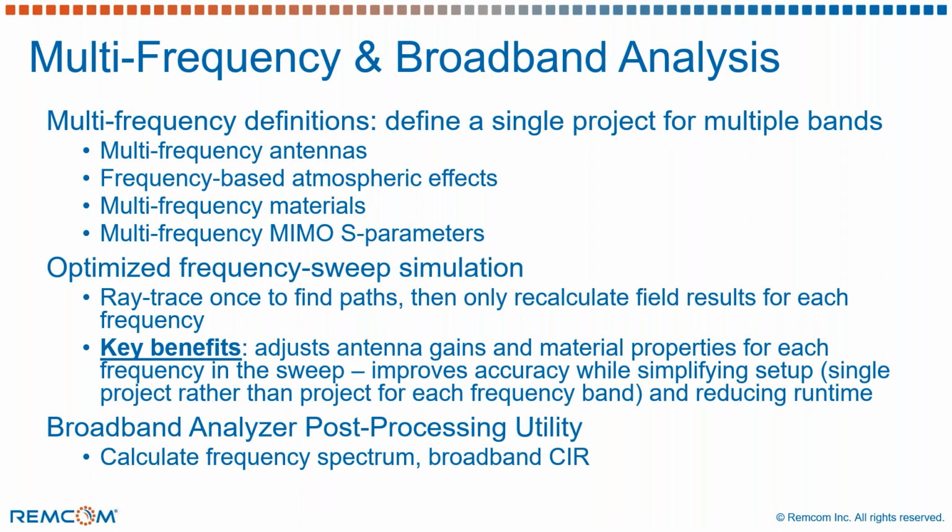What's done is the fields are calculated per each frequency, and then appropriately summed, and the powers, gains, etc., are calculated for each frequency. The great benefit to this is that you have better accuracy, since you're using the appropriate material definitions, the appropriate antenna patterns, a simpler setup, and then a big reduction in runtime.